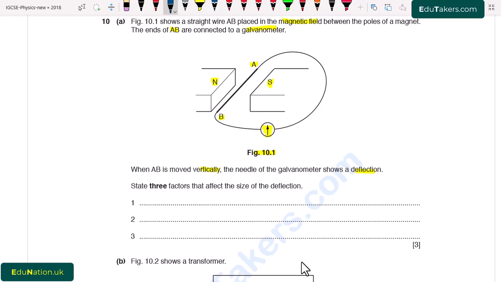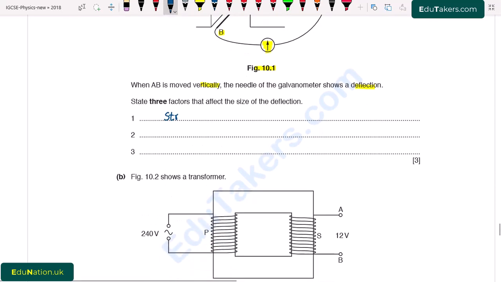So I write here, first of all, strength of magnetic field. Second, speed of movement of the wire.